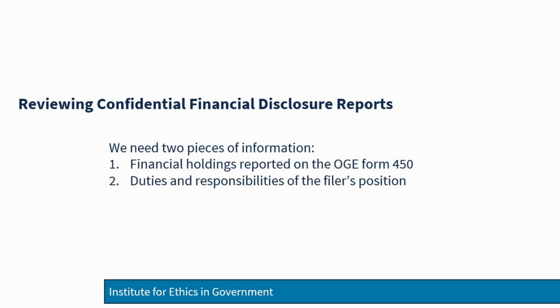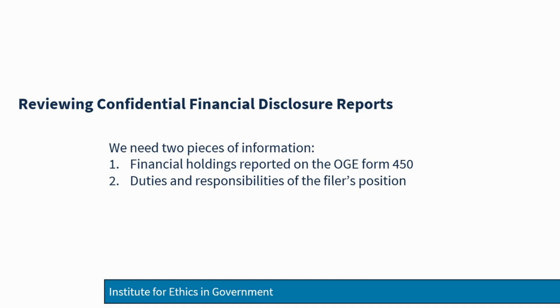So to review a report for conflicts of interest, we need two pieces of information. One, the financial holdings and relationships of the employee as reported on the OGE Form 450. And two, the duties and responsibilities of the employee filing the report.